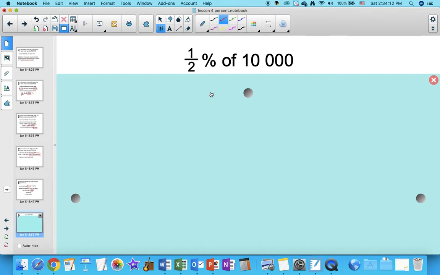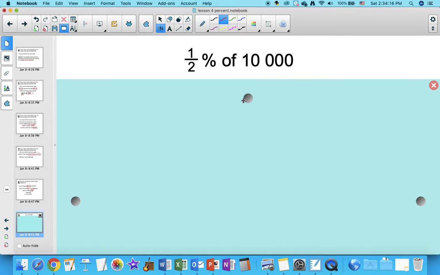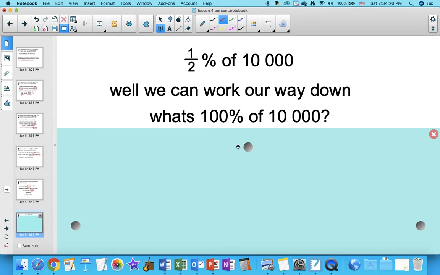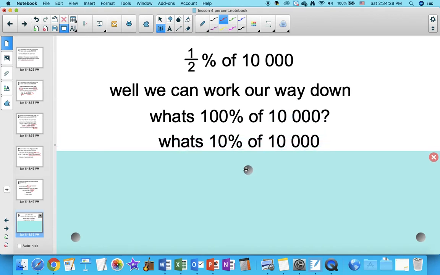When I look at this question, I'll go, okay, what's a value I could find easily? Well, we can work our way down. What's 100% of 10,000? Well, that's 10,000. Now we work our way down. What's 10% of 10,000? Well, that's the same as dividing this by 10.